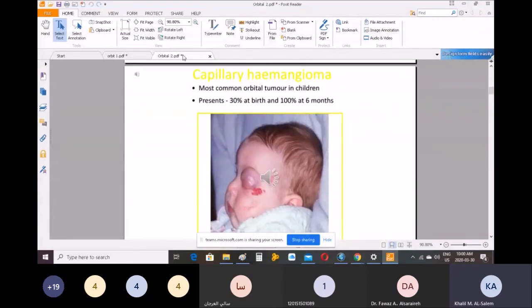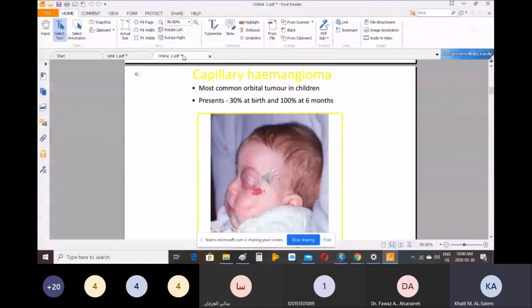The first vascular tumor, which is a very common tumor, is called the capillary hemangioma. This is a tumor of childhood. Usually they disappear within the first 4 years of life, but sometimes we really need to treat those, even though they are benign.